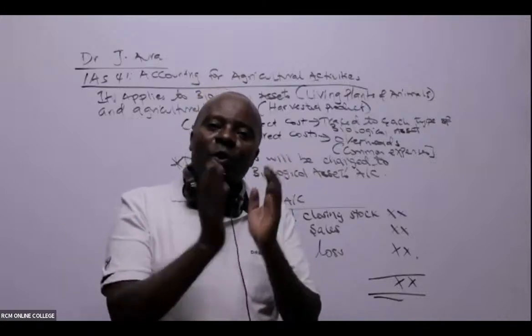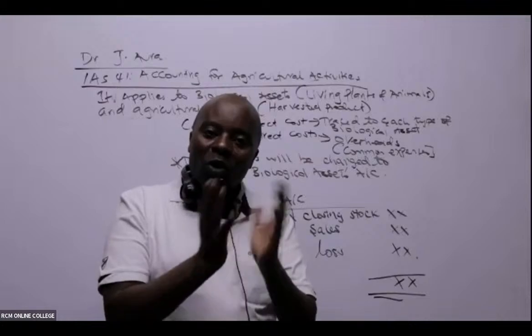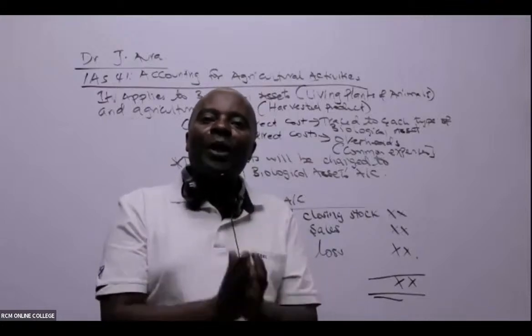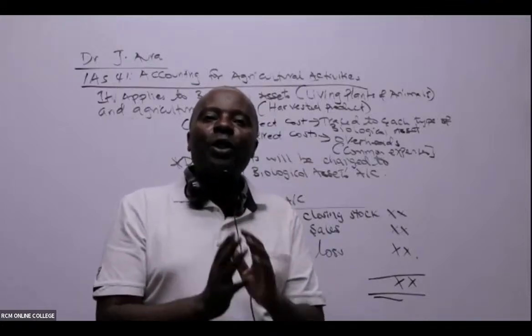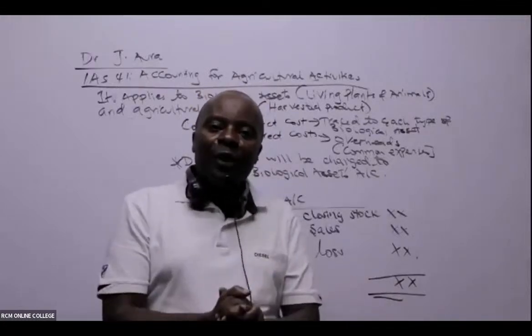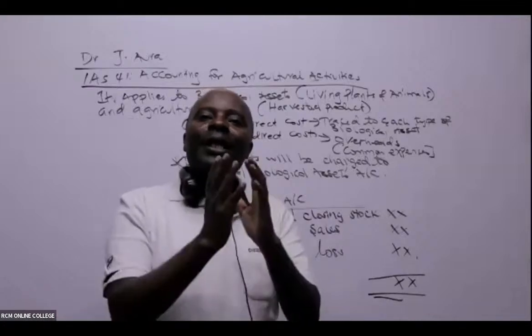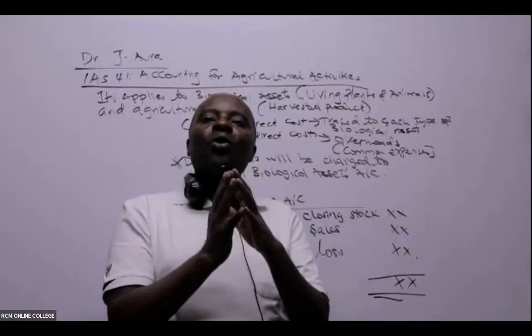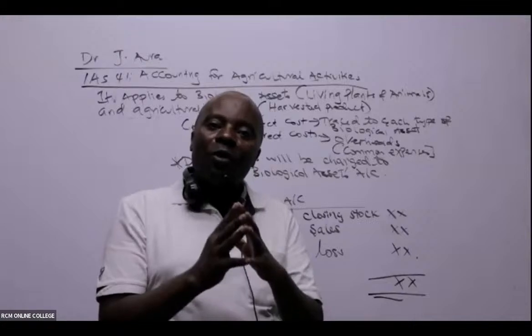So you see, this water cost is a common expenditure incurred to benefit my crops and my sheep. So this is an indirect cost. It's also called an overhead.